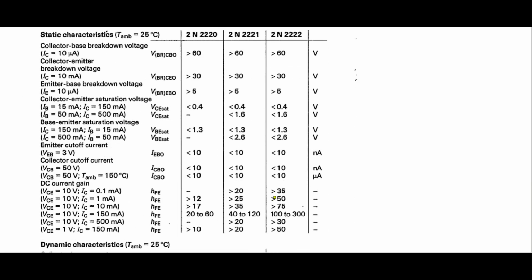So these are some of the electrical characteristics that you would see. The collector base breakdown voltages, collector emitter breakdown voltages.